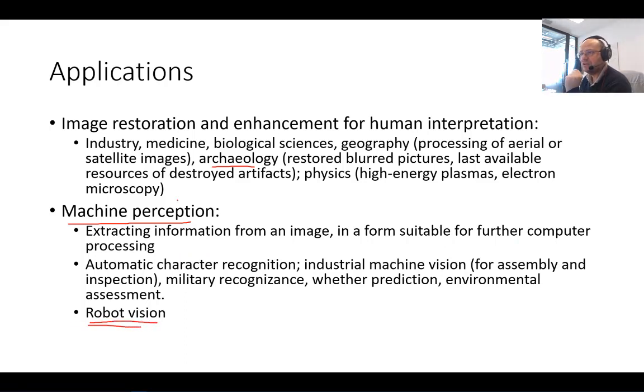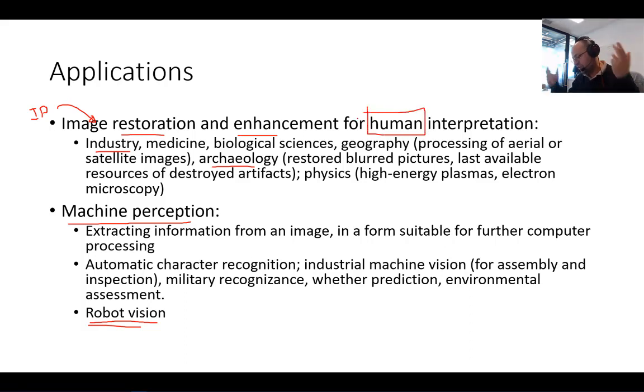Now, this is the distinction. Image processing falls into this: once we want to apply algorithms to an image for enhancement or restoration, but importantly for human use.